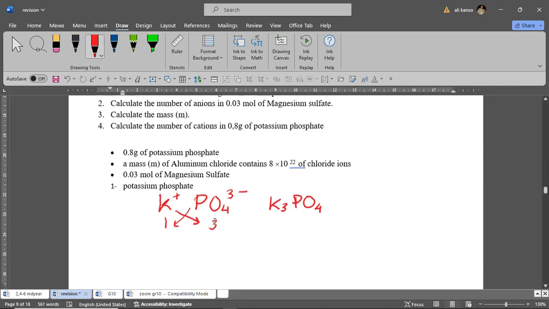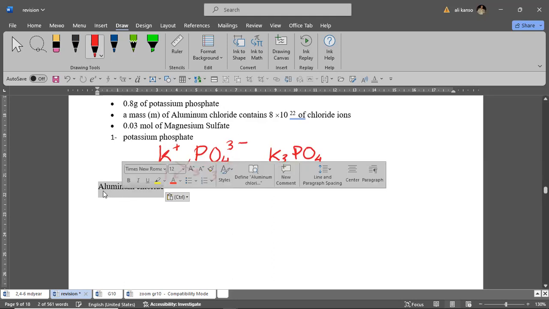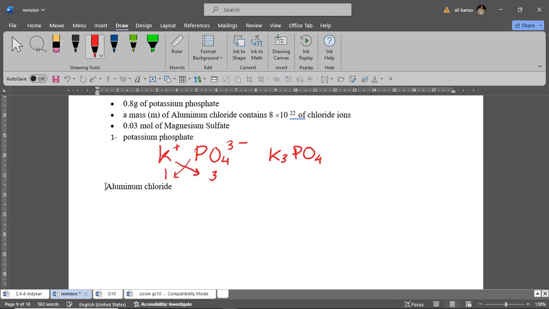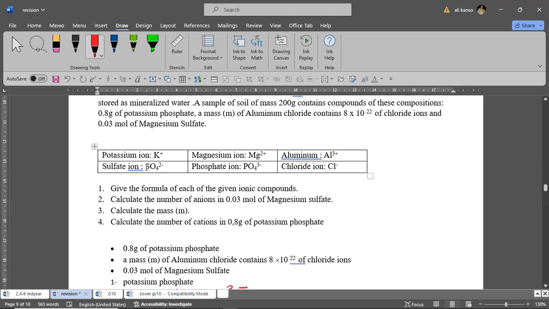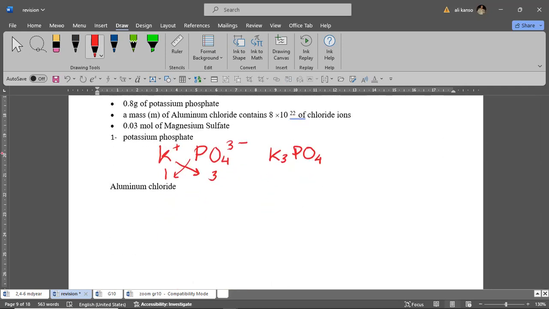Second one, aluminum chloride. Aluminum is given as Al3 plus, and the chloride is Cl1 minus.